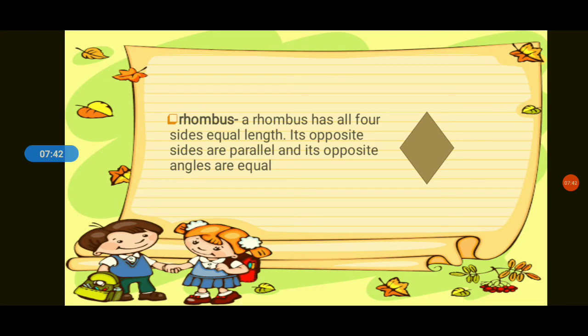Okay, so those are the kinds of quadrilaterals. So how many quadrilaterals do we have? 5. The square, rectangle, parallelogram, trapezoid, and rhombus. Now, always remember that a quadrilateral is a figure with 4 sides.